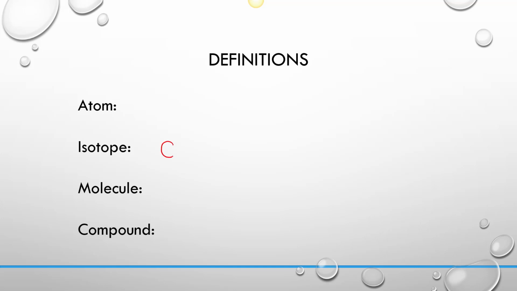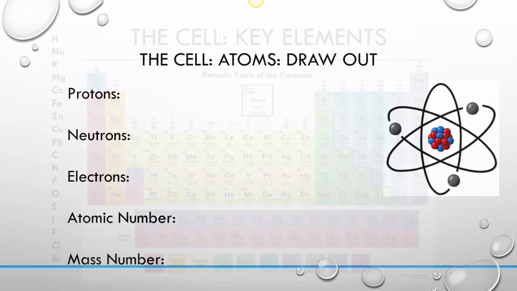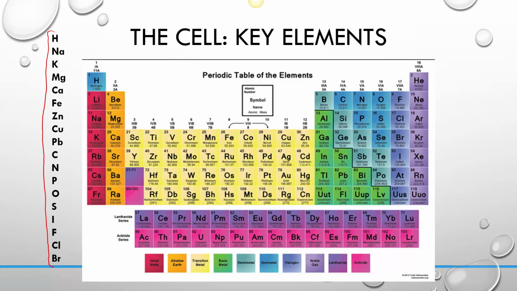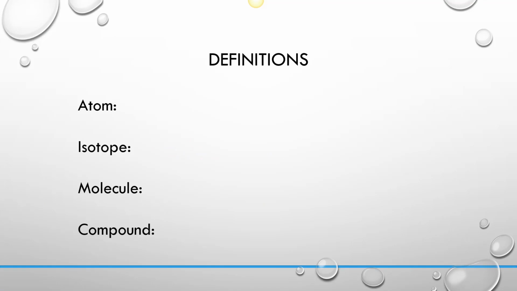If we look at carbon, let's go back to carbon on the periodic table here. So carbon's up here. You can see that carbon has an atomic number of 6, a mass number of 12. So carbon, in its most common form, would have 6 protons and thus 6 electrons.